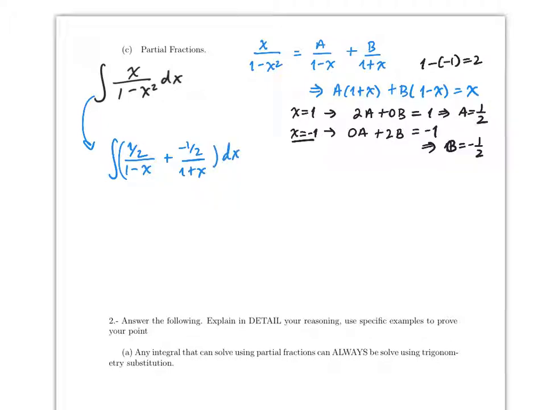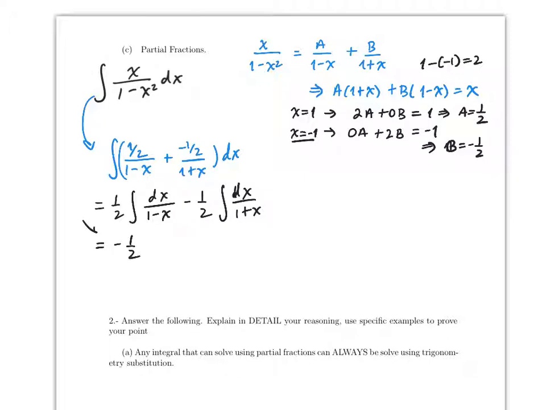So this is the same thing as 1/2 the integral of this and dx over 1 plus x. If we integrate this, you end up with negative 1/2.